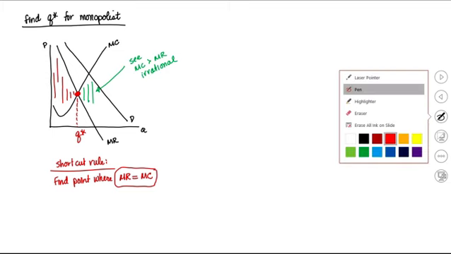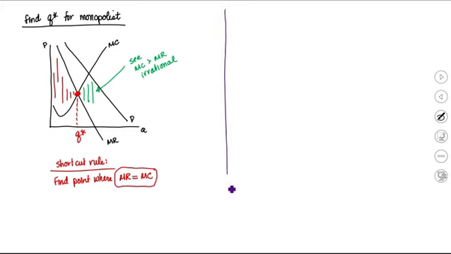Now, let's compare to perfect competition.